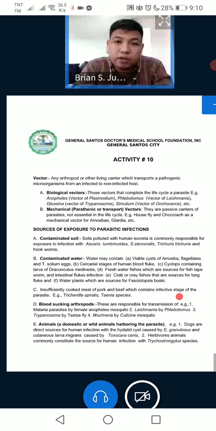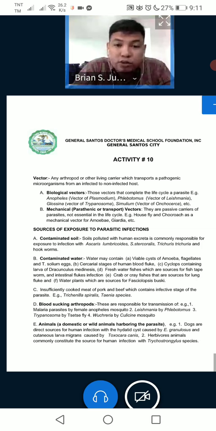By the way, when we say vector class, part pala ito before ng host. Vector is a combination of transporter or carrier, intermediate, and reservoir host.